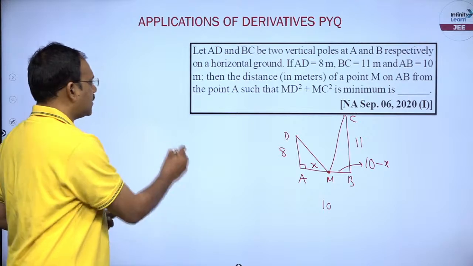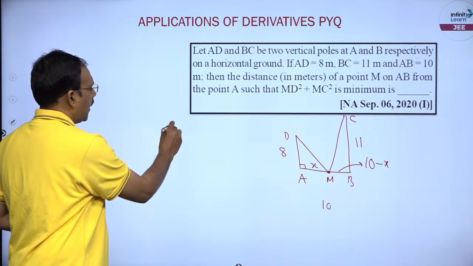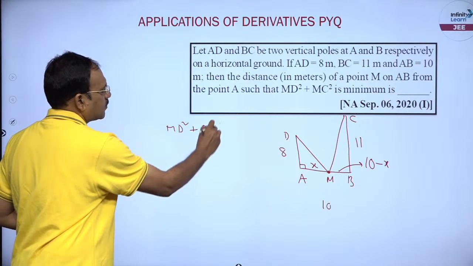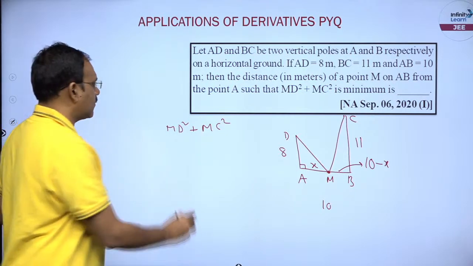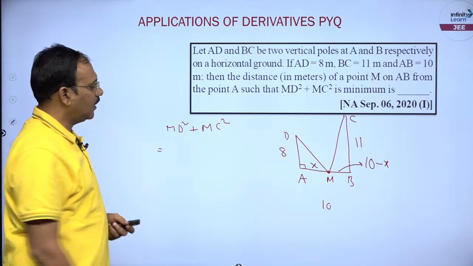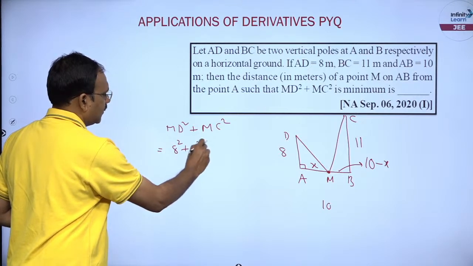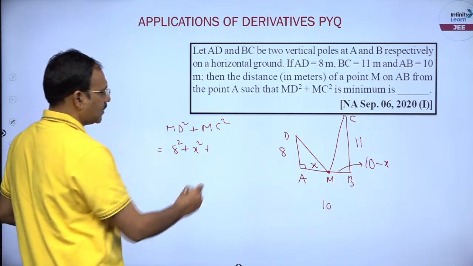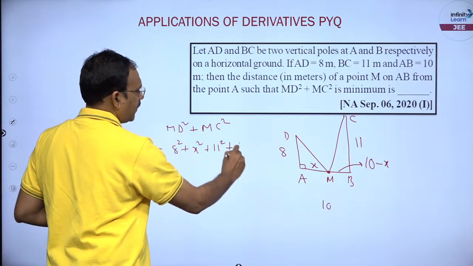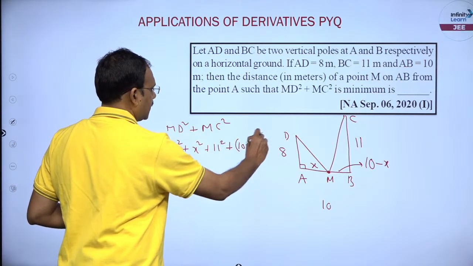You just consider MD square plus MC square. What is MD square, dear friends? It is 8 square plus x square. What is MC square? By Pythagoras theorem, 11 square plus 10 minus x whole square.